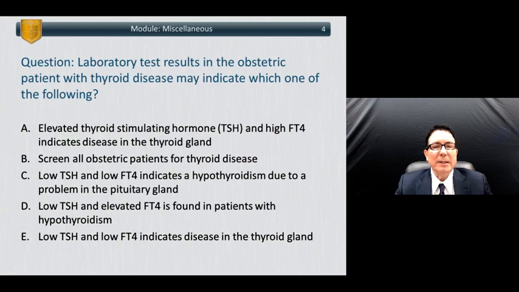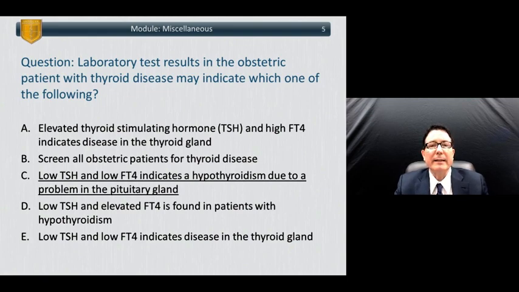C. Low TSH and low FT4 indicates a hypothyroidism due to a problem in the pituitary gland. D. Low TSH and elevated FT4 is found in patients with hypothyroidism. E. Low TSH and low FT4 indicates disease in the thyroid gland.